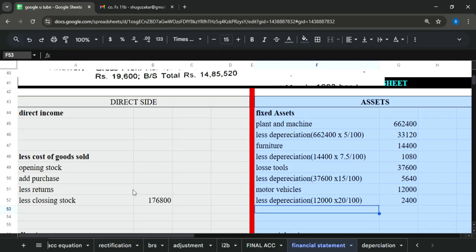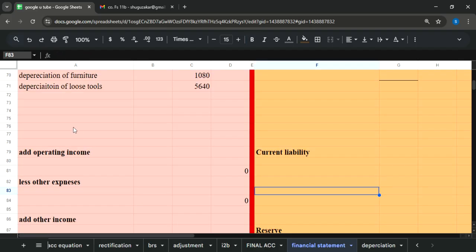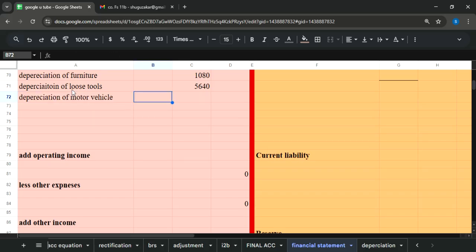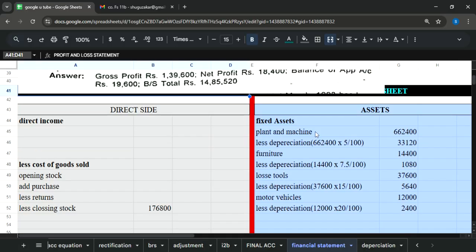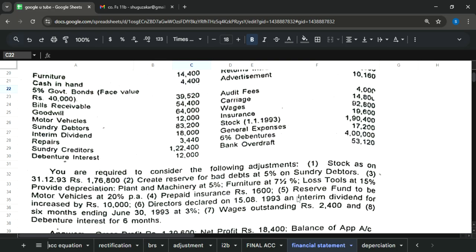We have got our depreciation, and now we will be recording this depreciation in operating expenses as well. So depreciation of motor vehicle, I think 2400 was the amount of depreciation, and look at here, yes. So both effects of depreciation are completed.